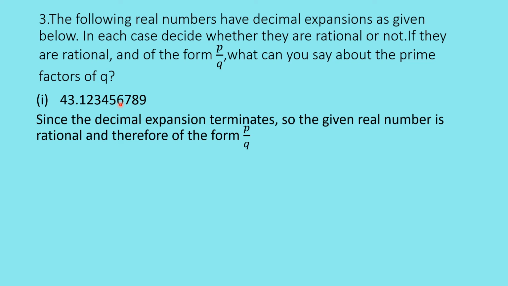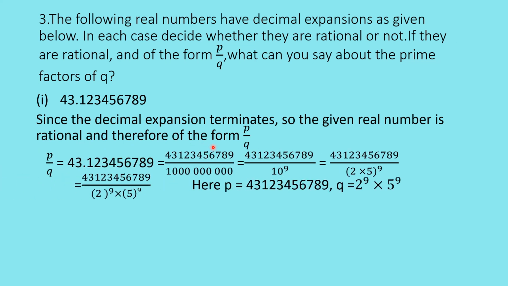Since the decimal expansion terminates, the given real number is rational and therefore of the form p upon q. Now you have to write the p by q form. That means you are having 9 decimal places.